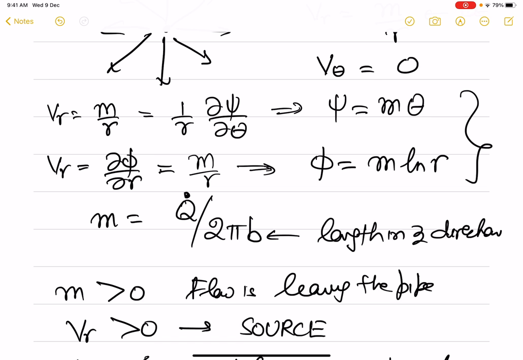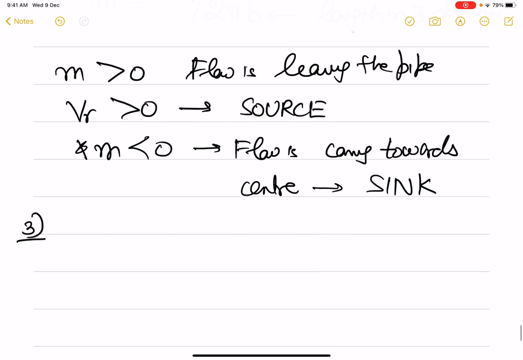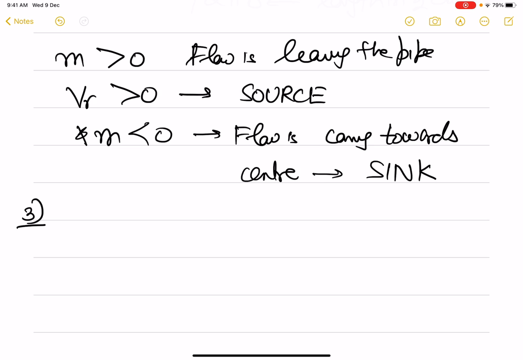That means if phi is of the form m theta, and psi is of the form log r, this gives us a flow which is called a line irrotational vortex.